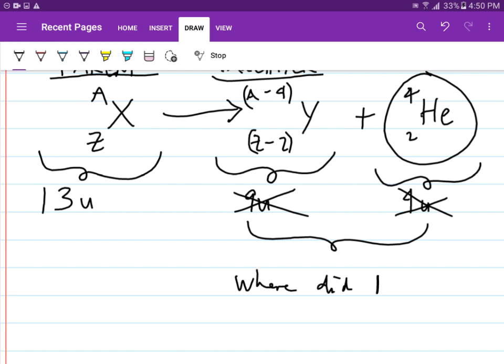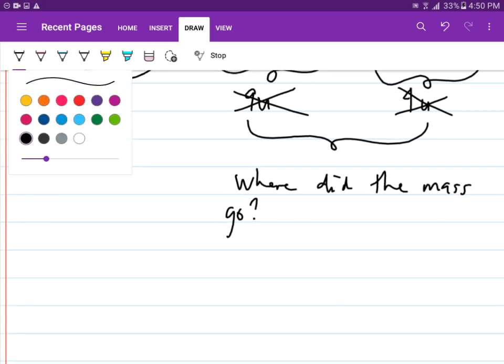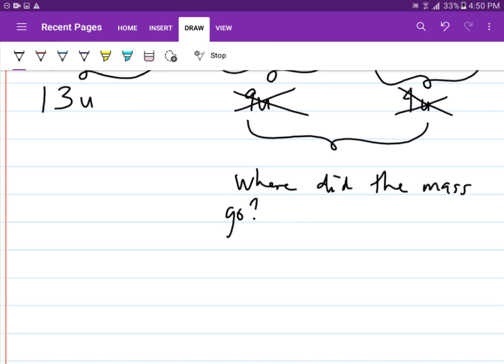So the mass was converted to energy, particularly kinetic energy. That's why when an unstable nuclei emits an alpha particle, the alpha particle travels very fast.